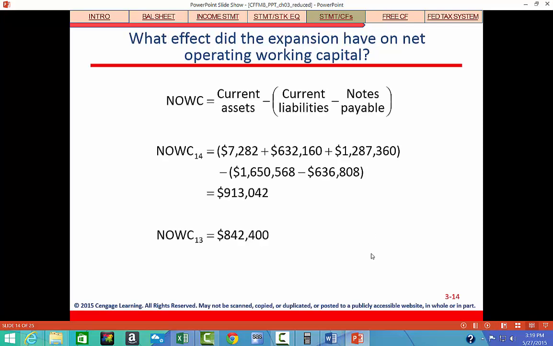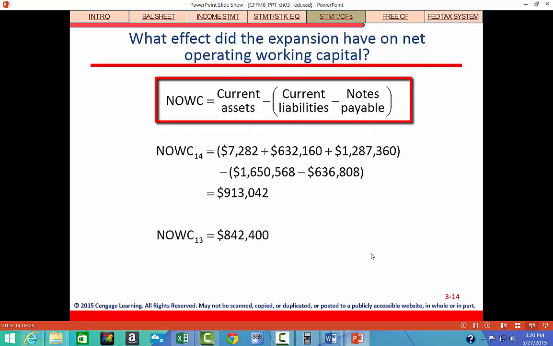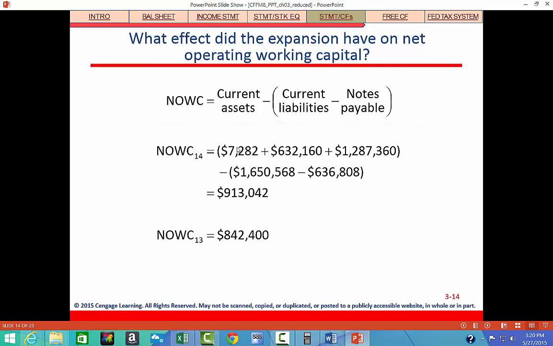And then what happened to net operating working capital? And so the definition for this NOWC, net operating working capital, is current assets minus operating current liabilities. So that means it's current liabilities minus notes payable. The notes payable is not an operating current liability. So you take your cash, accounts receivable, and inventories and add them up.